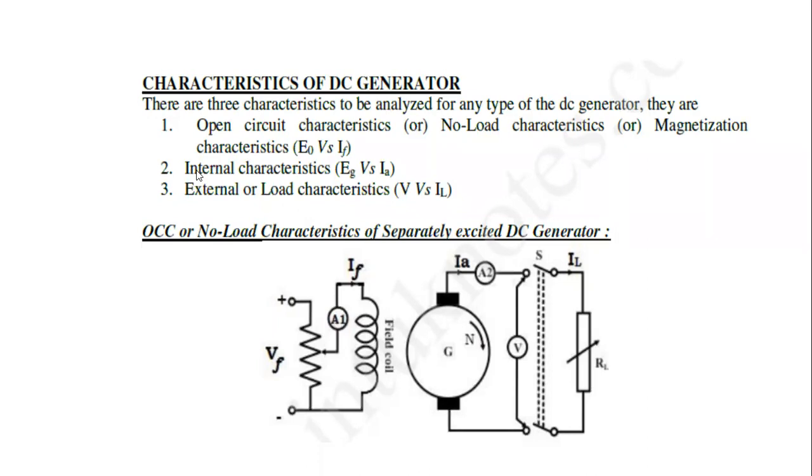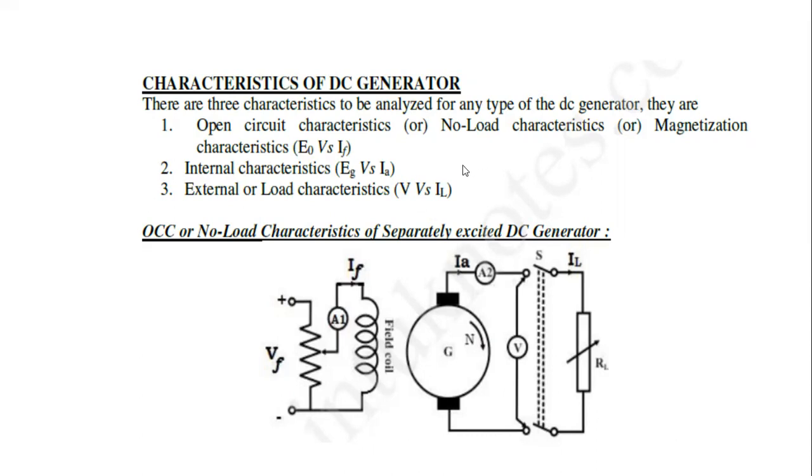Next, coming to the second type, the internal characteristics. The graph is drawn between EG versus IA, where EG is the generated EMF and IA is the armature current.